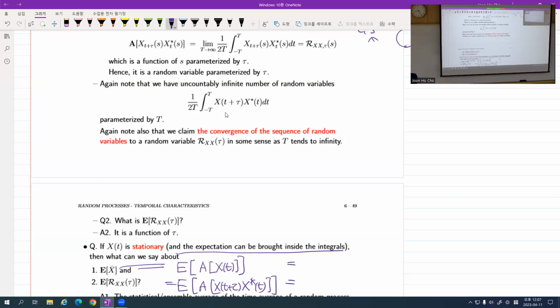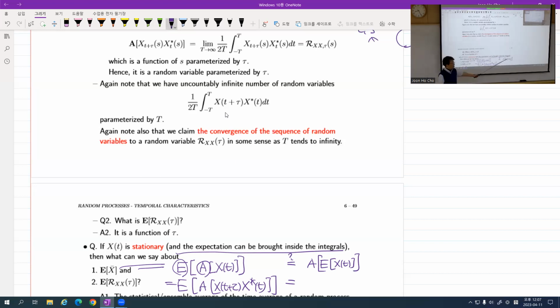Now, this is a limit operation. This is a limit operation, right? If you are allowed to change the order, then it's the same as the time average of the expectation of x of t. By the way, what can you say about the expectation of x of t for a stationary random process? It's a constant function of time, right?